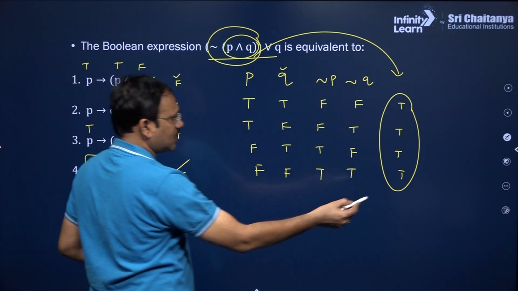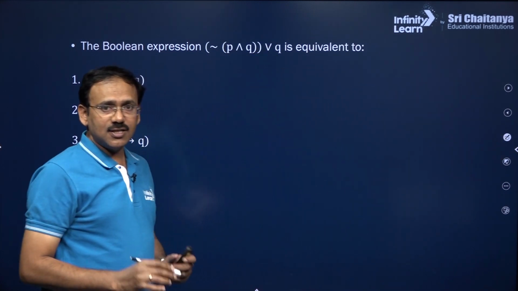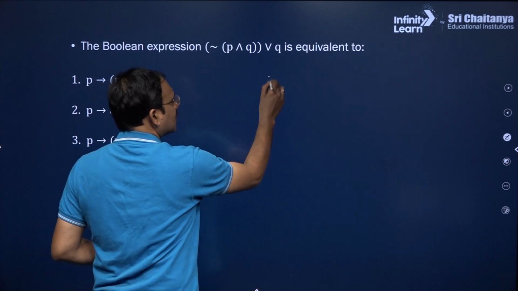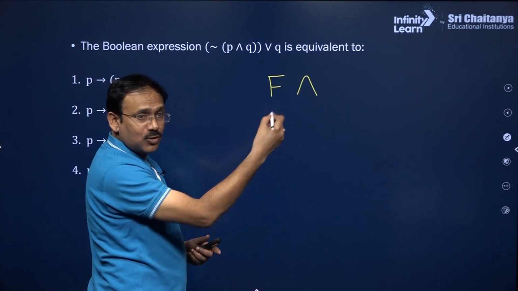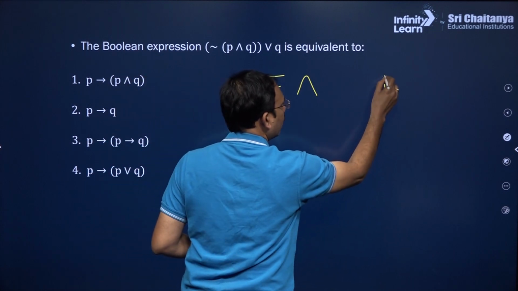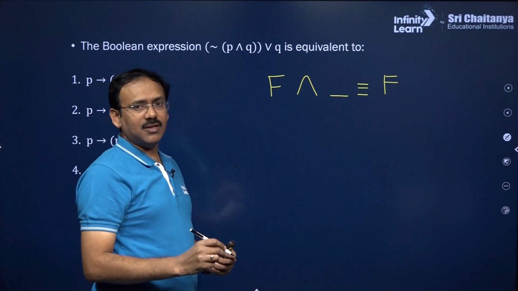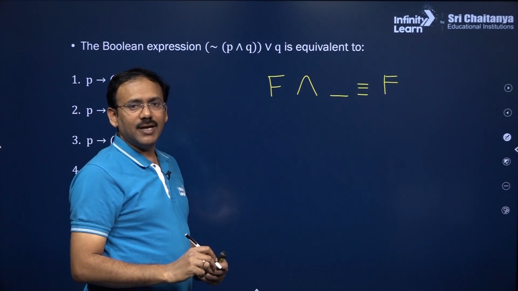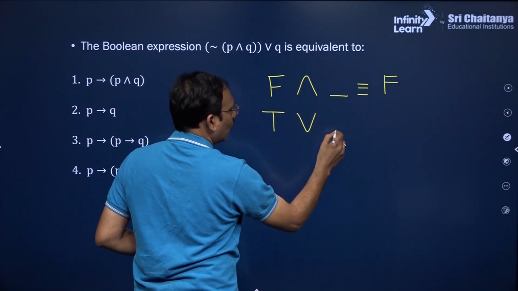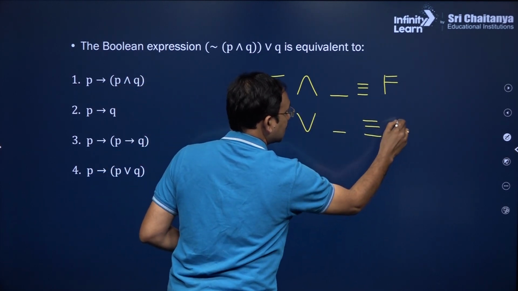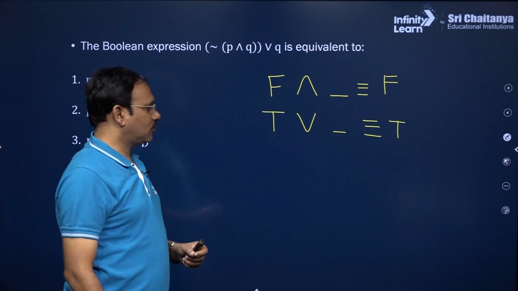Before that, my dear friends, here I want to tell you one important point. While writing these, do remember: a false statement and any statement, whether it is true or false, is going to be false itself. Any statement and false is false. Just try to remember these, as they will help you in answering certain questions. And a true statement or whatever the statement is, the result is true itself, because true or true is true, true or false is true.